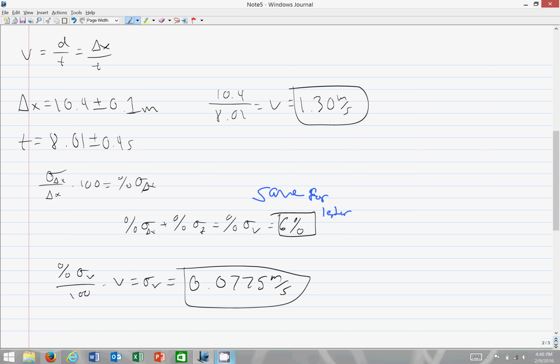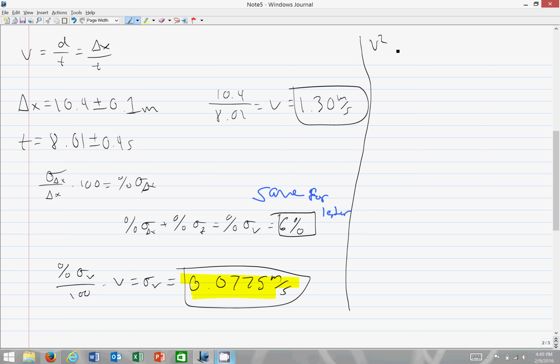Now we need to do our velocity squared. So now I can do my velocity squared, the actual number for velocity squared. I'm going to make a little column here so I don't use another page. My velocity squared is just going to be equal to my velocity, which I'm going to highlight here for you, my velocity right here, squared. It's as simple as that.